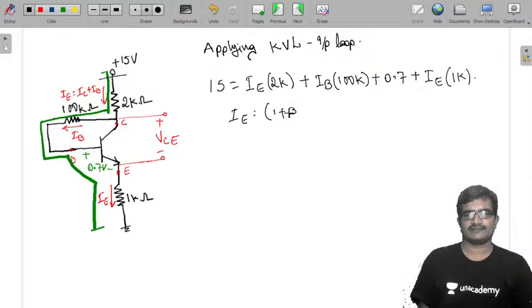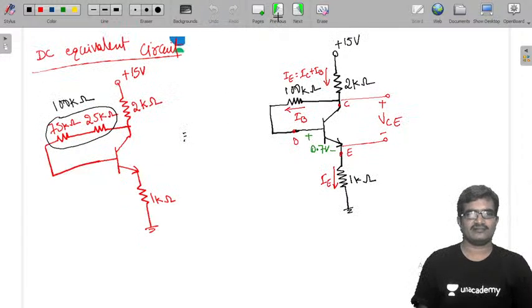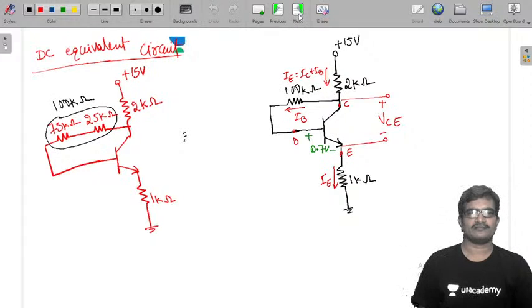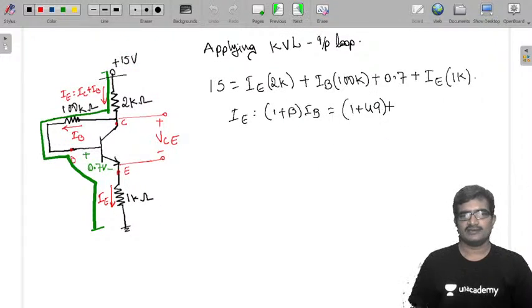We know that. At the same time, they gave beta as 49. So IE is 50 times IB simply.